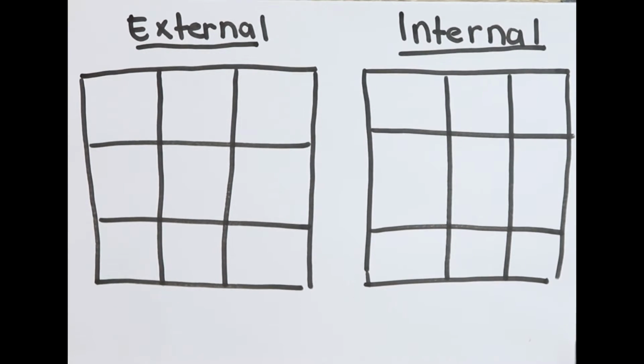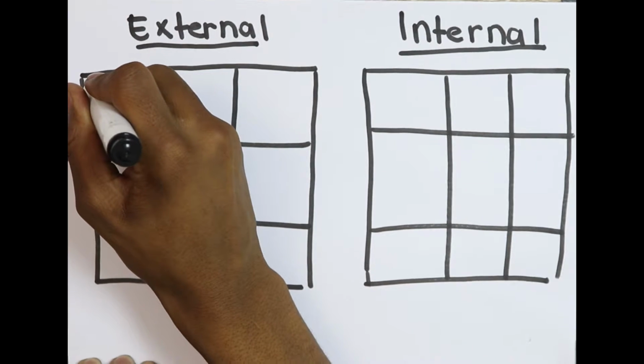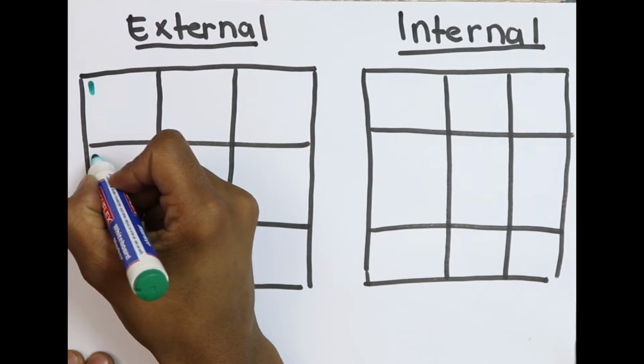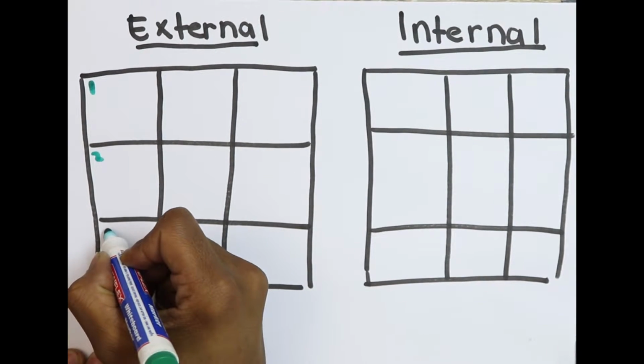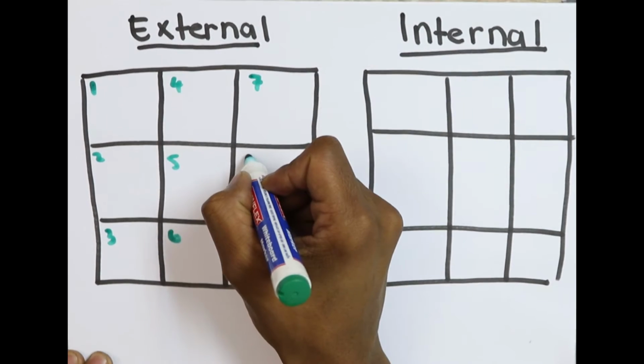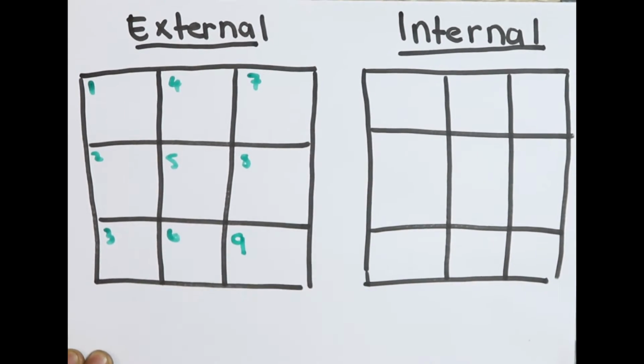So now, because it's quite a clever machine, it labels each shelf on the memory. So this will be number 1, this would be number 2, location 3, all the way up to 9.